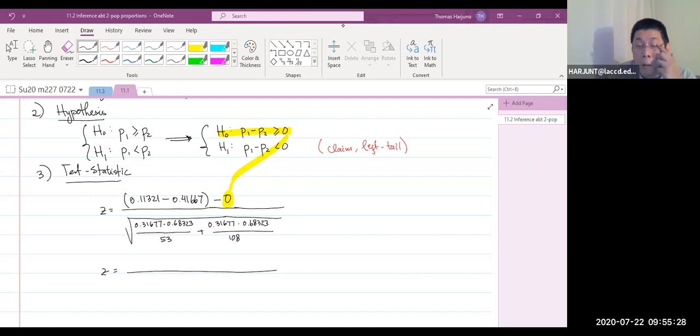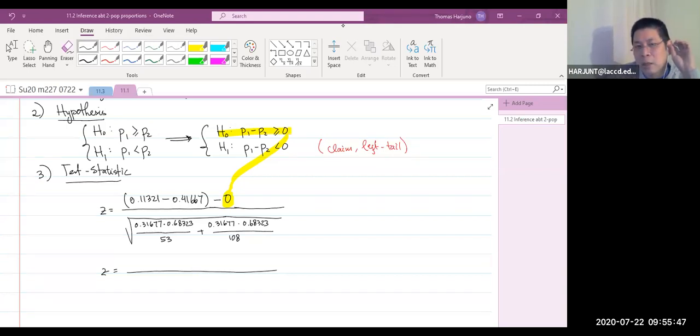So parentheses, 0.11321 minus 0.41667 close parenthesis divided by the square root of.